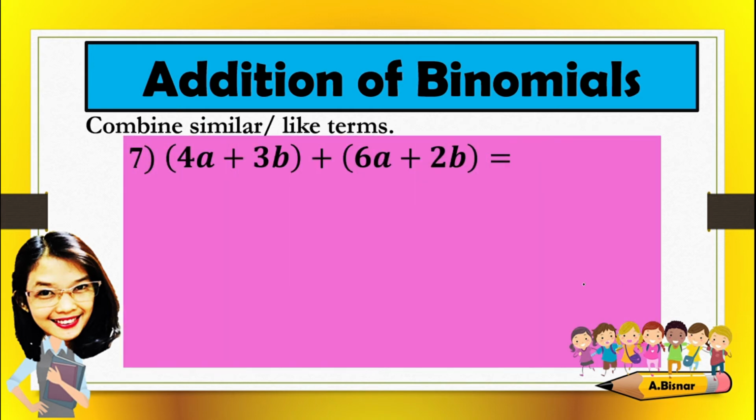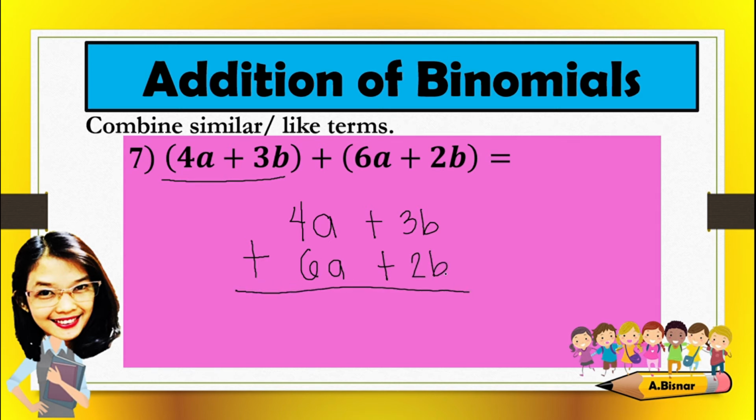Next, how about if we add binomials? So we have 4a plus 3b plus 6a plus 2b. So in here, we are going to align similar terms. So 4a plus 3b. So that is the given binomial. Plus 6a plus 2b.